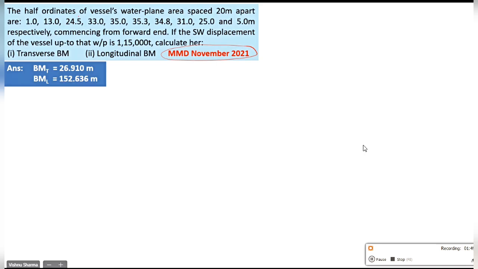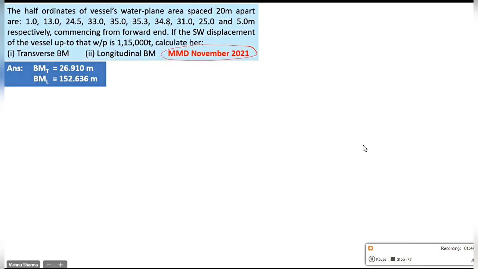The half ordinates, that means half breadths of the ship's water plane area, spaced 20 meters apart, are 1, 2, 3, 4, 5, 6, 7, 8, 9, 10, commencing from forward end. If the seawater displacement of the vessel up to that water plane is 1,15,000 tons, calculate BMT and BML.